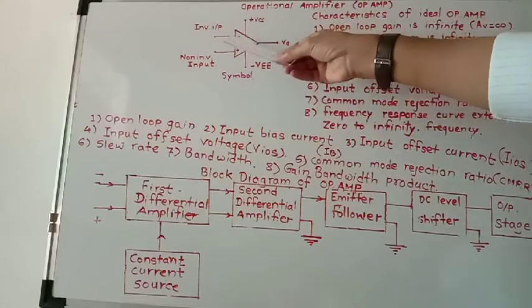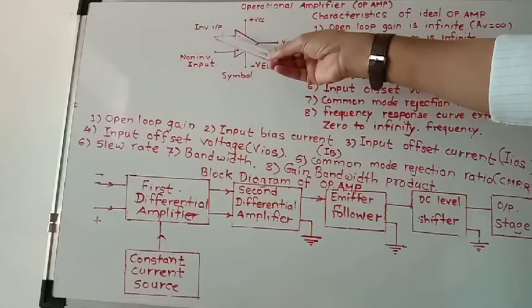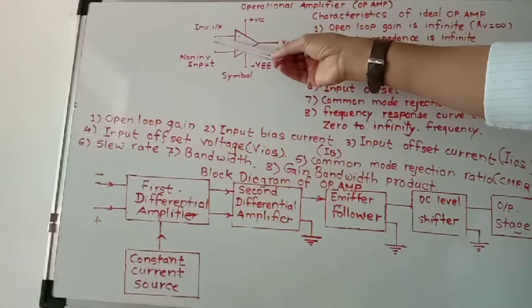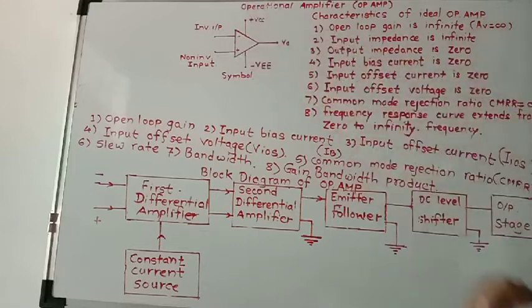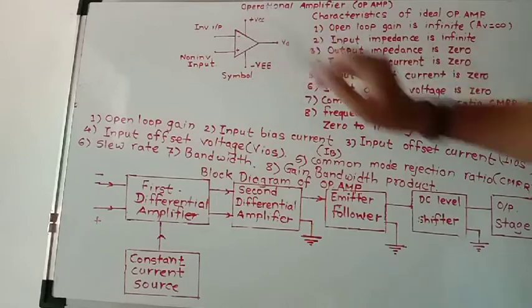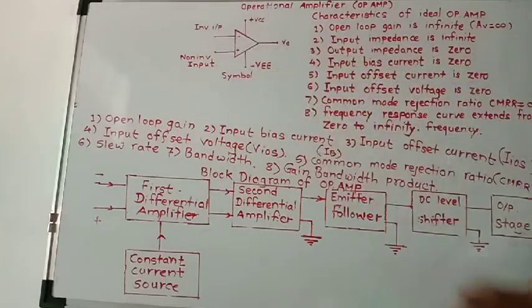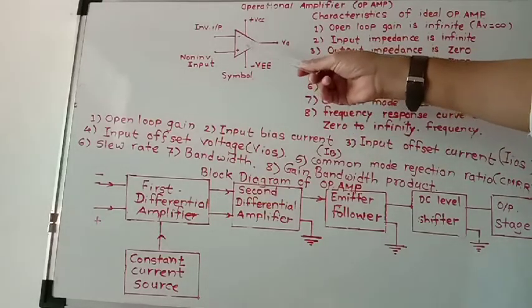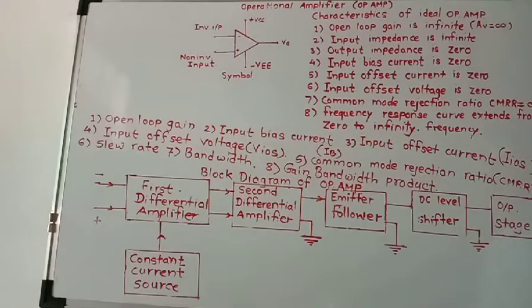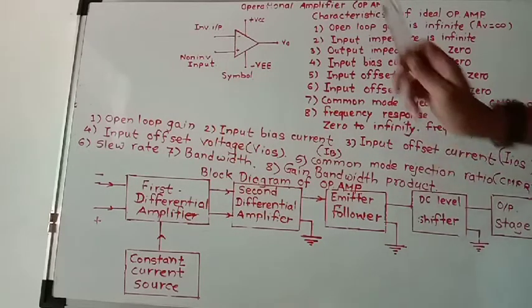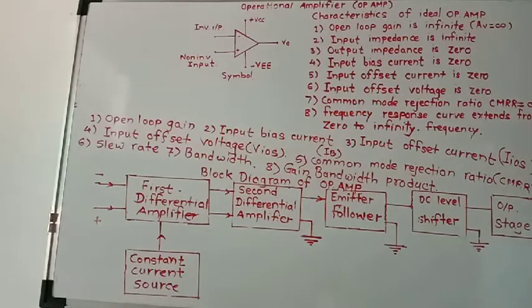Even when the inputs are the same, that is, if one input is V1, then the other input is also V1. For example, a noise signal is a common mode signal for both inputs. The operational amplifier rejects the common mode signal.